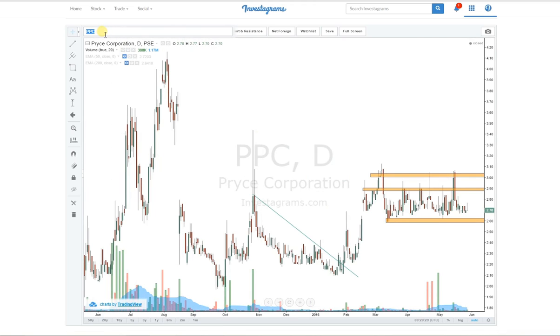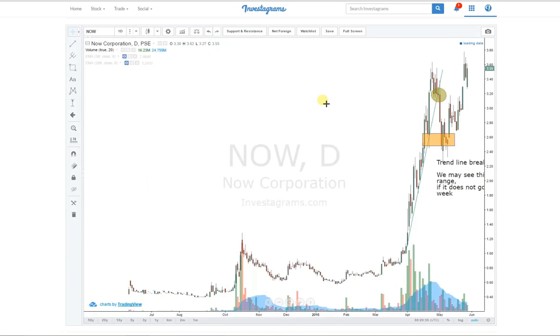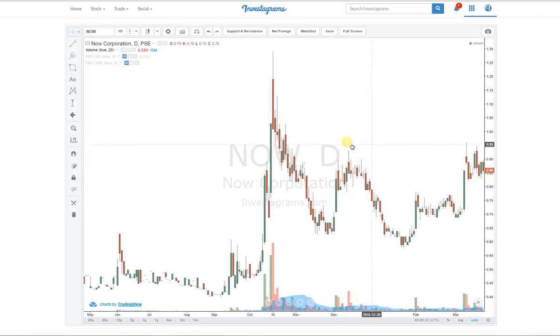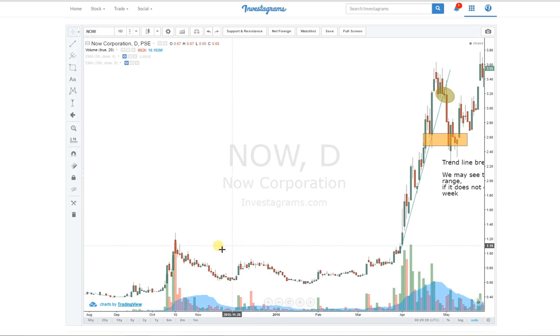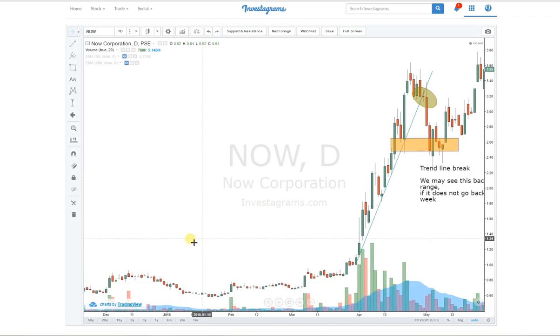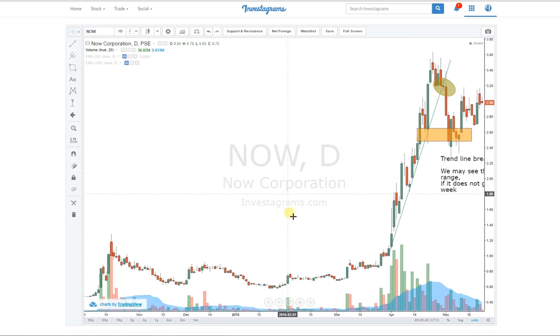Okay, so let's look at a stock that has broken out of the support and resistance. Here, this is a pretty basic scenario. One of the strongest stocks this year. So we're looking at now.